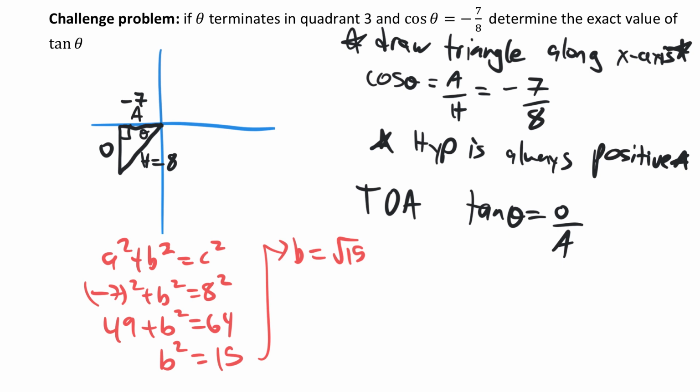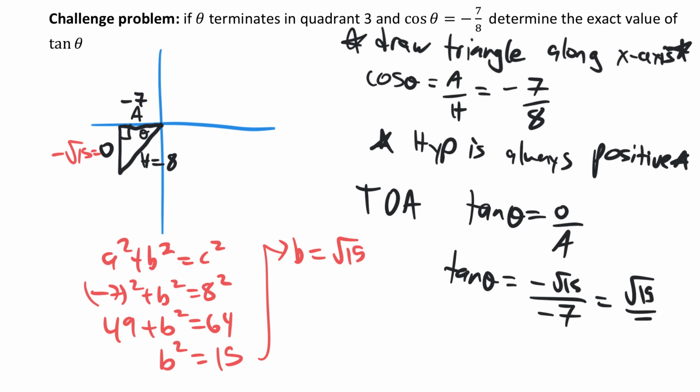Now, technically, when we square root, we get a plus or minus, and we do have to be careful here because the b is going down. If you notice, this is going down the y-axis. This is a negative direction. So this is going to be negative root 15 for my opposite side. All right, putting that all together, tan of theta is equal to negative root 15 over negative 7, which we can simplify to root 15 over 7.